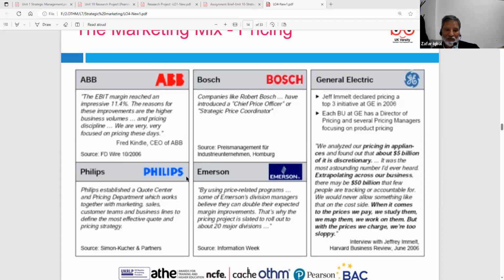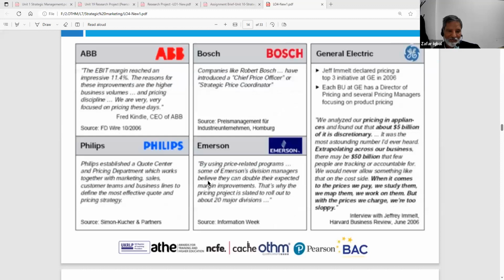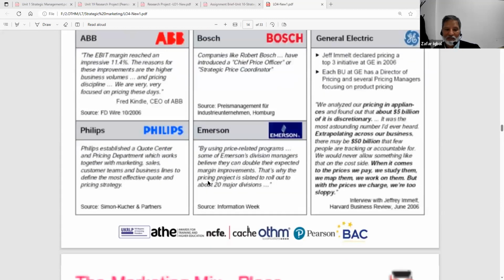Okay, Philips, for example, also has a pricing department, which works together with marketing, sales, customer teams, and business alliance to define the most effective quote and pricing strategy. So the organizations appoint pricing officers to look at the pricing of their products, making sure that they charge the right price to the right customer for the right product, and so on. So price is a very important factor.